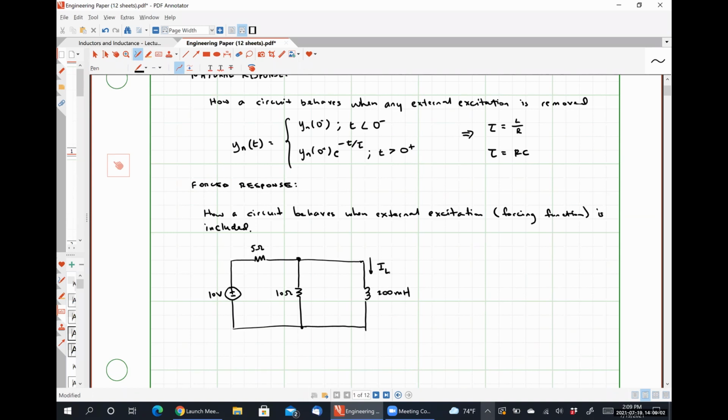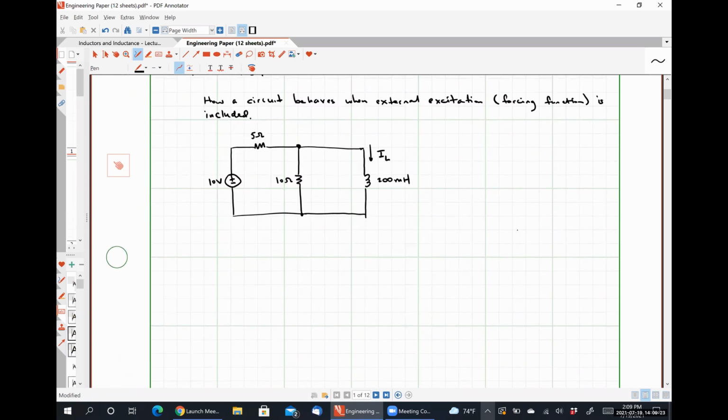So the forced response is really what's happening at DC steady state whenever a forcing function or a source is included, okay? So we've actually dealt with this by understanding how inductors and capacitors behave in DC circuits.